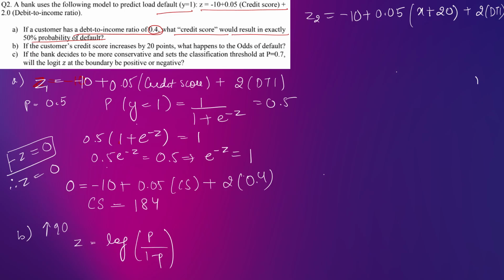Now, on solving it, minus 10 plus 0.05x plus this will become 1, plus 2 DTI.